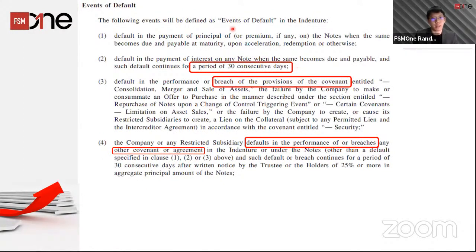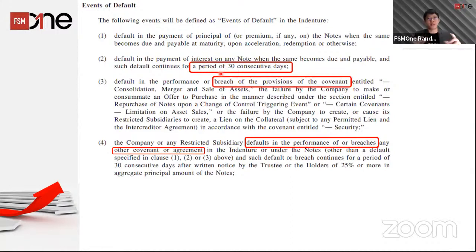The event of default is as follows. If there's any default in the payment of principal at maturity date, and also any default in the payment of interest, meaning the missing coupon payments, but with the condition of granting a 30 calendar day grace period.